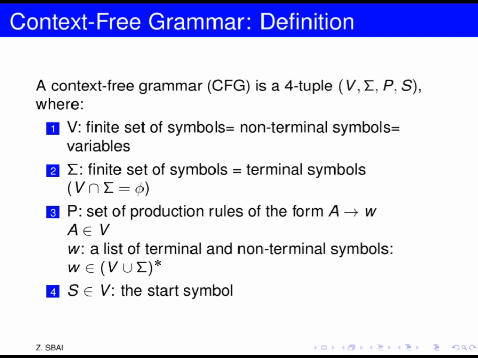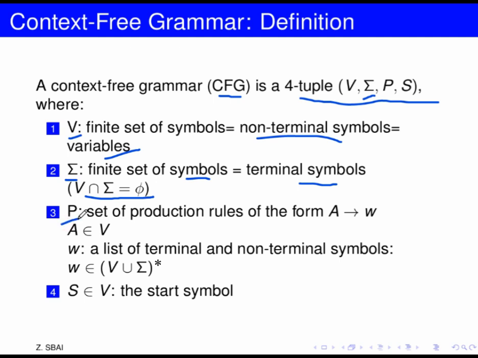So here is the definition of a context-free grammar. We can say that a context-free grammar, simply noted here CFG, is a four-tuple V, sigma, P, S, where V is a finite set of symbols, known also as non-terminal symbols, or also known as variables. Okay, and the second term of this list is sigma. Sigma is a finite set of symbols. It defines the terminal symbols, and the sets V and sigma are disjoint.